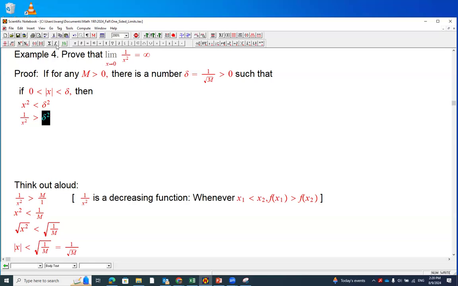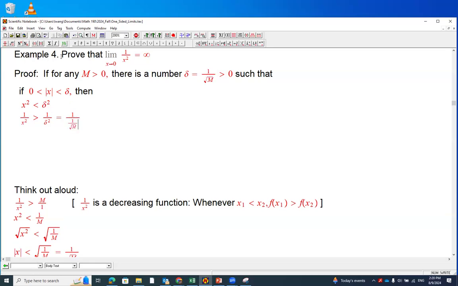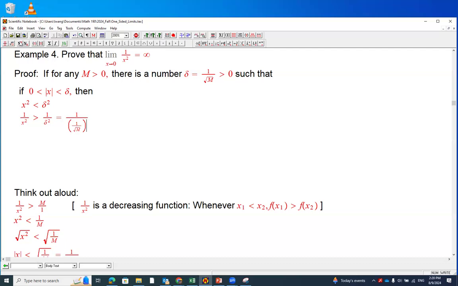Oh, flip it, sorry. Because we flip this side, we also need to flip this side. Delta is 1 over the square root of M, so we just substitute. So 1 over delta squared, being squared, is pure algebra, and equals 1 over 1 over capital M, and that equals capital M.